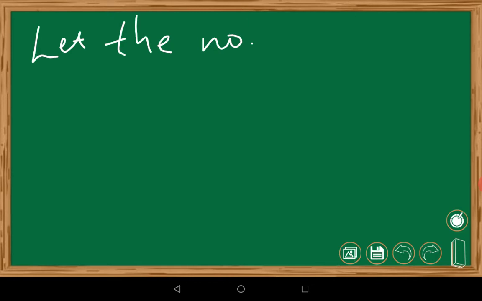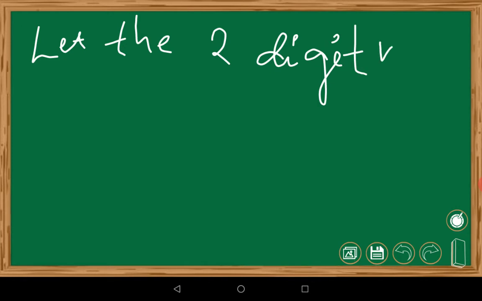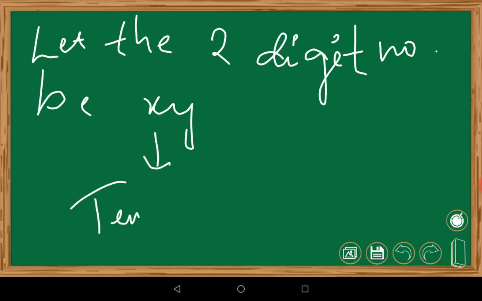that means we should make it very clear, right? Let the two-digit number be xy. That means two variables we are taking. Okay, this will be the tens place and this will be the units place or ones place.